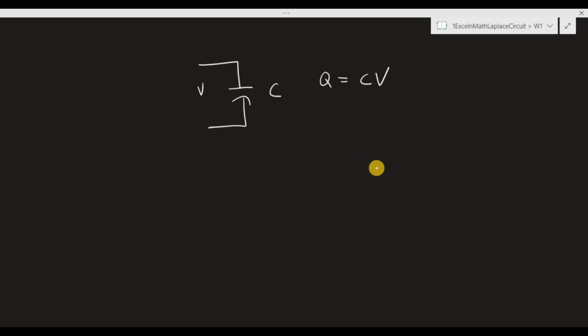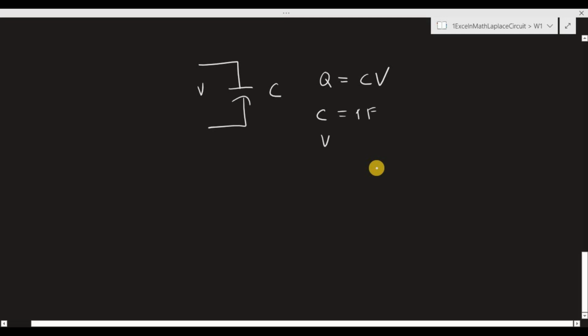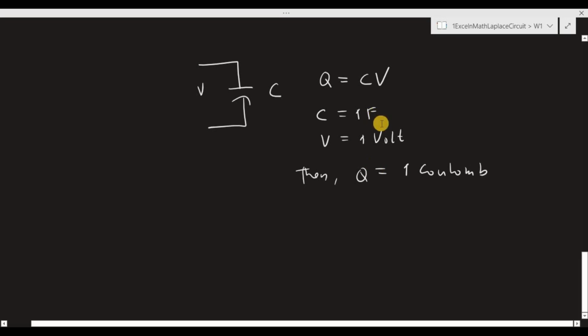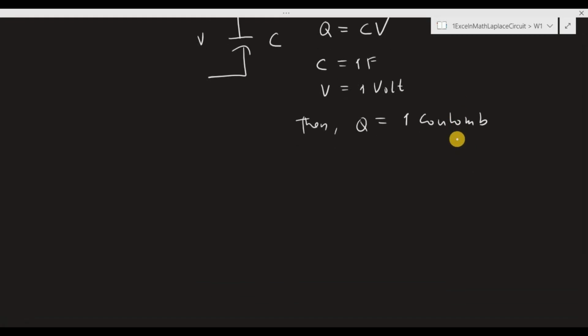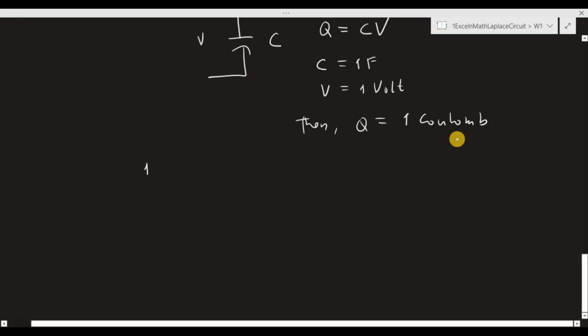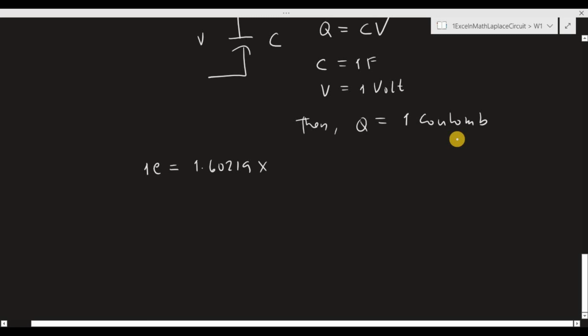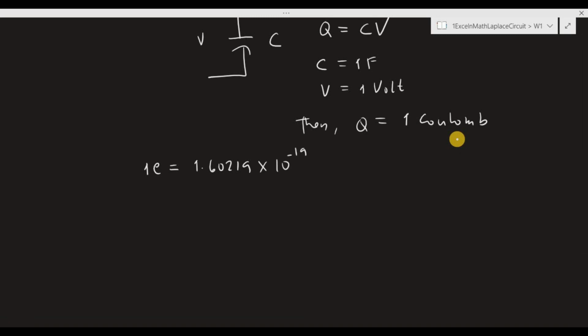So, for example, if the capacitance of the capacitor is 1 farad and the voltage across the capacitor is 1 volt, then the charge in the capacitor is equal to 1 farad times 1 volt, which is 1 coulomb. So what is the meaning of a charge of 1 coulomb? A single electron has a charge of 1.60219 times 10 to the negative 19 coulombs.